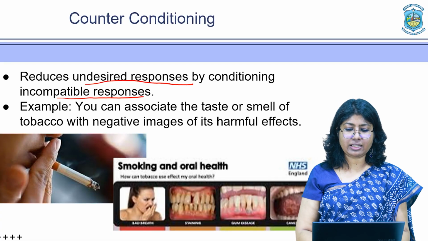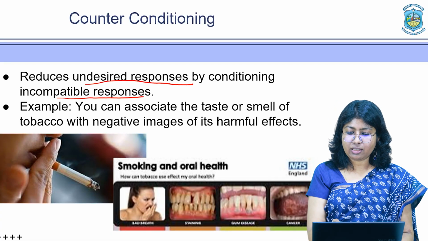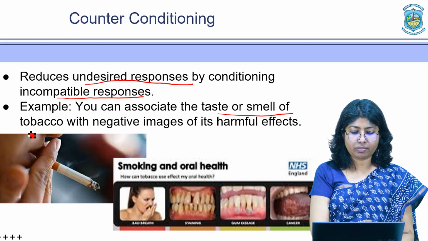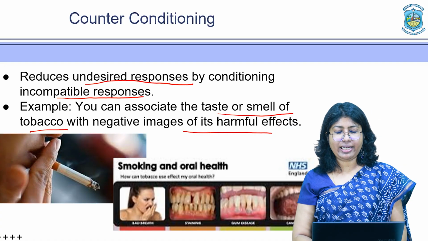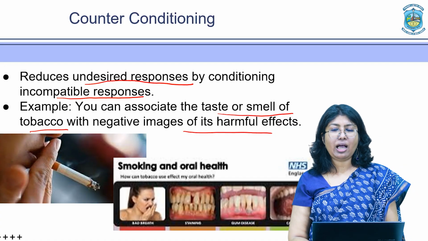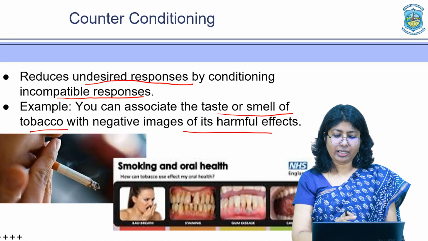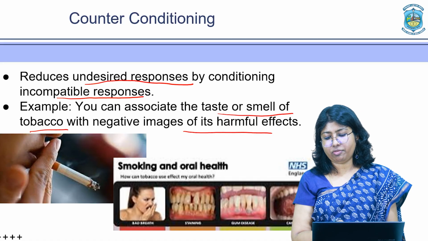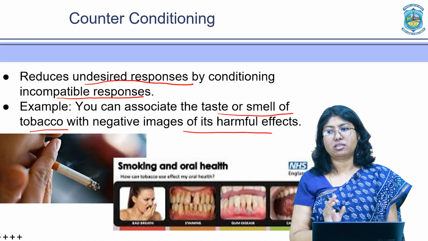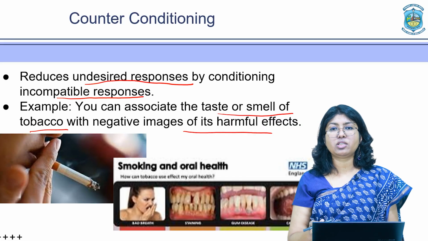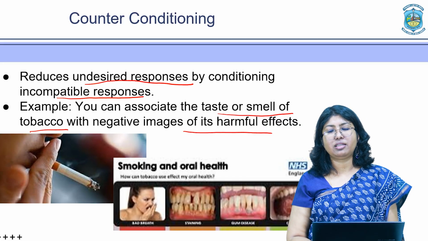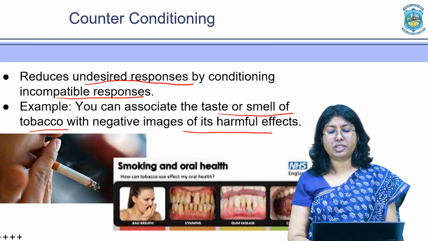Like, for an example, you can associate the taste or smell of tobacco with the negative images of its harmful effects. So any person who is with the habit of smoking, if they try to relate such types of images and picturize how the condition of the person will be if they continue this behavior, probably the behavior will reduce.